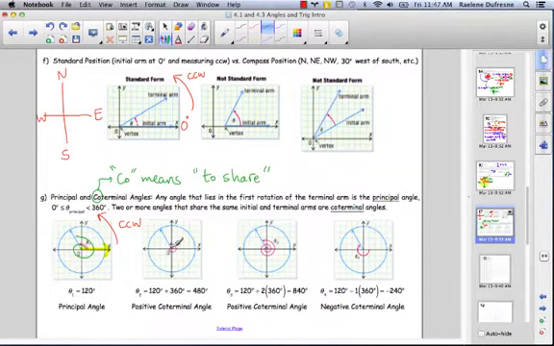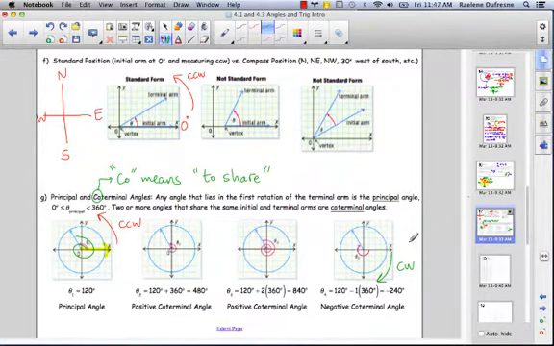So this is another example of wrapping around more than once, and we have a positive coterminal angle to 120 of 480 degrees. If we wrap around another revolution, we have another coterminal angle to 120 and 480 of 840 degrees. Or if we go in the opposite direction, in the negative direction or clockwise direction, then we have negative 240 degrees.